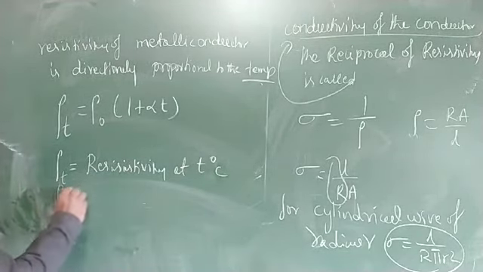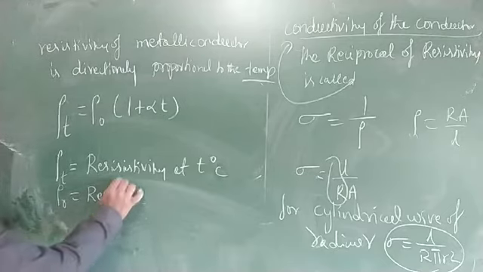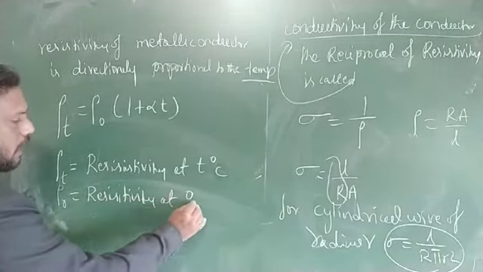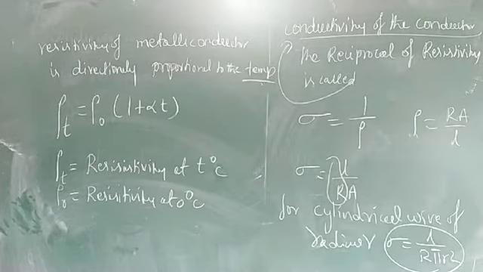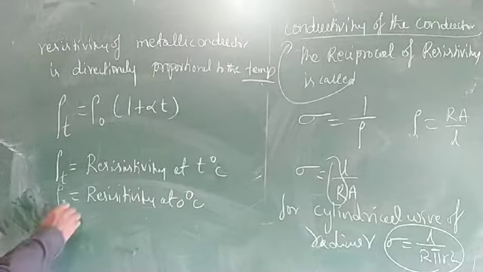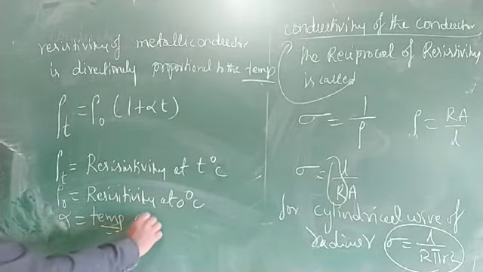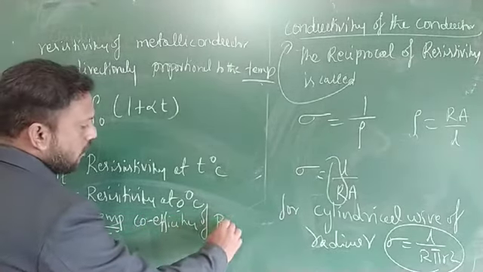Rho naught is the resistivity at 0 degree Celsius. And alpha is the temperature coefficient of resistivity.